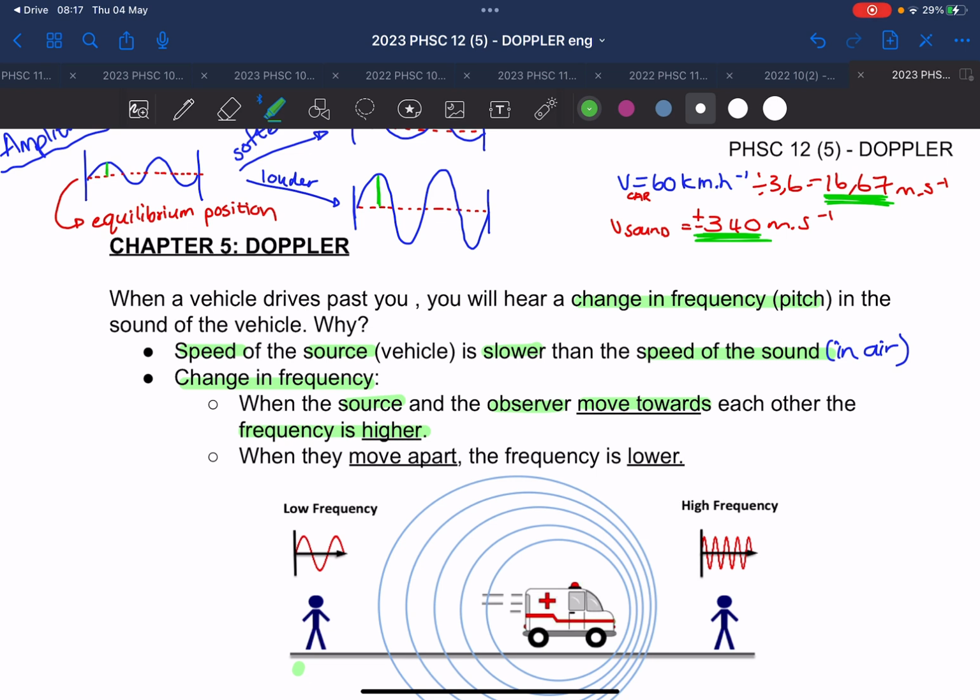Then, when they move apart, so you're still standing and the ambulance is moving away, the frequency would be lower. Now why is that?